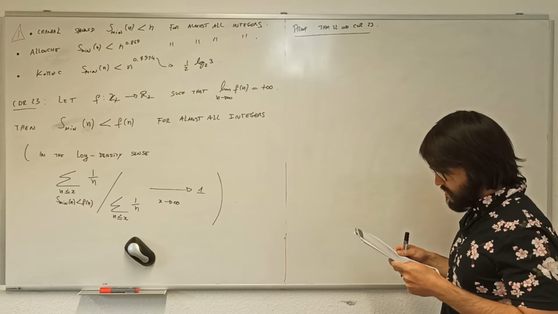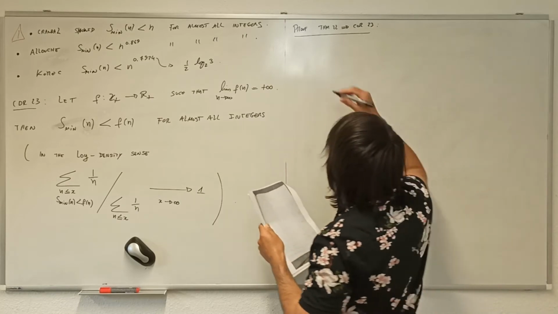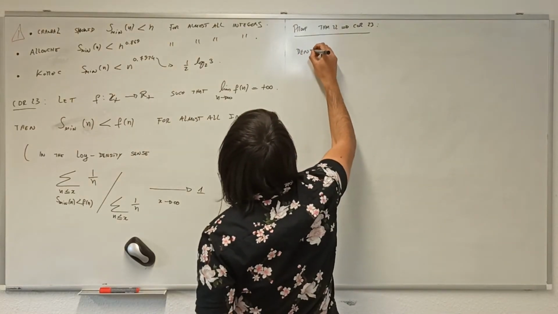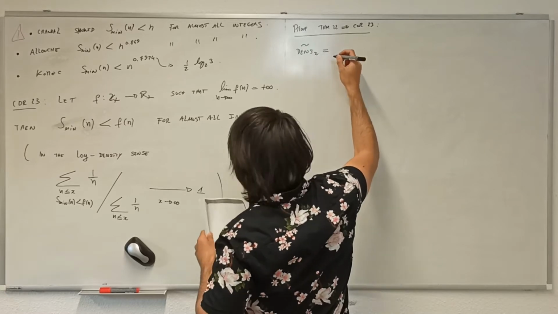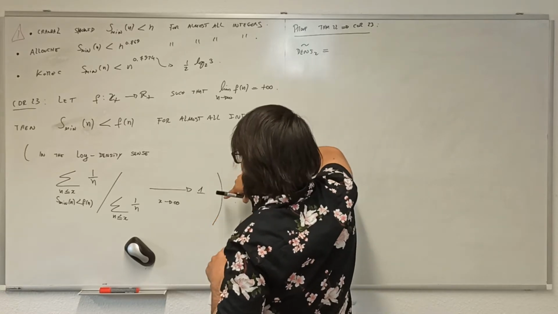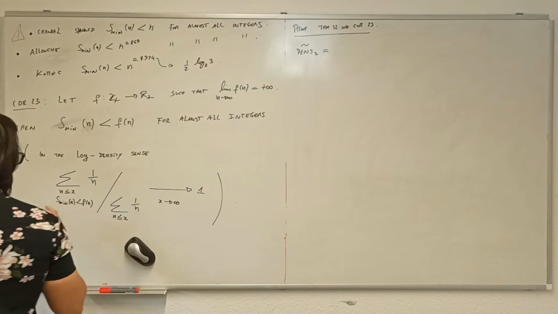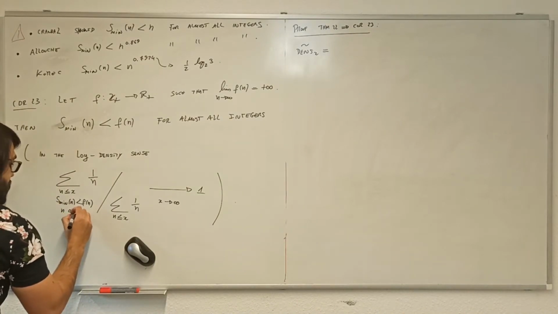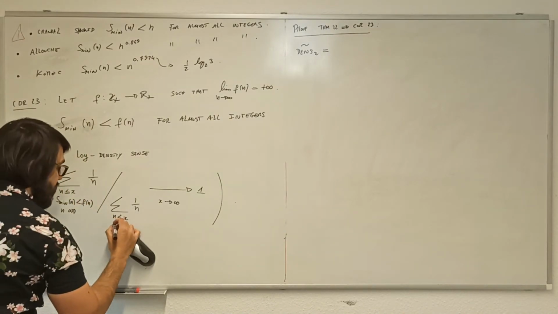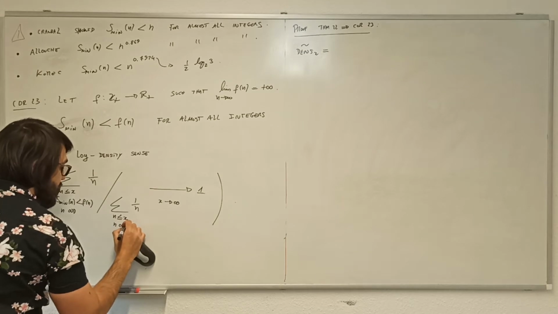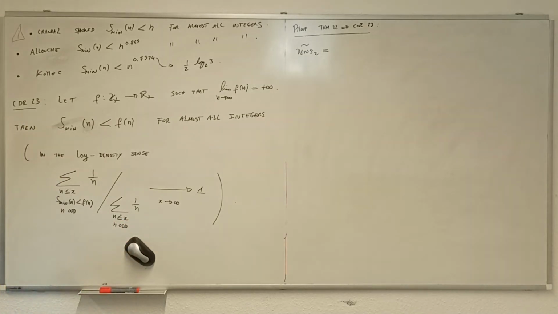So let me define density tilde exactly as it was defined here. Oh, this is supposed to be n odd because S only exists over the odd n's.